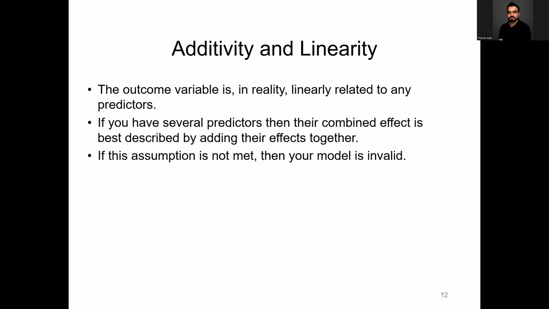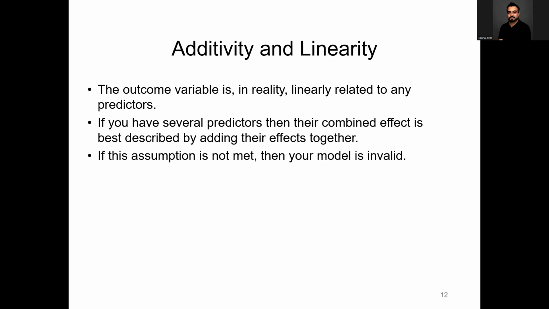We also have additivity. If I have several predictors, the combined effect of several predictors is best described by adding their effects together. If this assumption of linearity and additivity is not met, then our model is invalid.